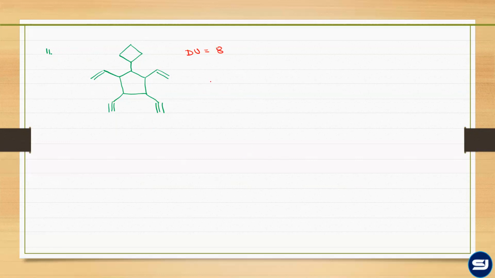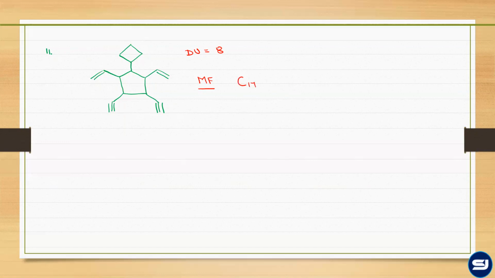Okay. Now if I ask you the molecular formula of this compound, we have to just count the number of carbons. So 4 here, 5 here, 9 हो गया, 10, 11, 12, 13, 14, 15, 16, 17. Right.